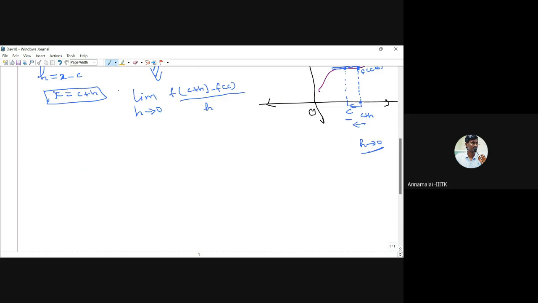Whenever the function has a corner point, look at the mod x graph, which has a V shape. At the point 0 we can draw more than one tangent.